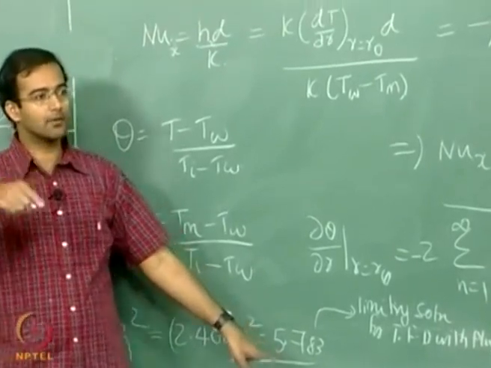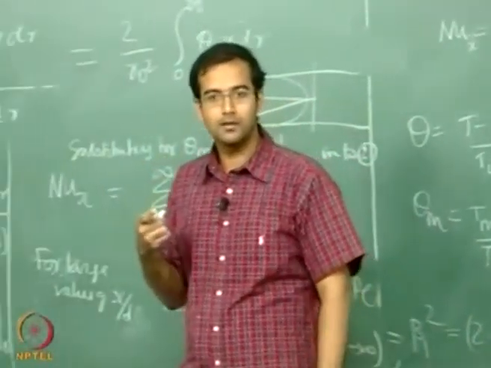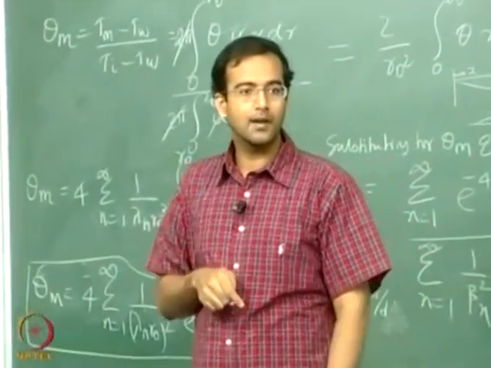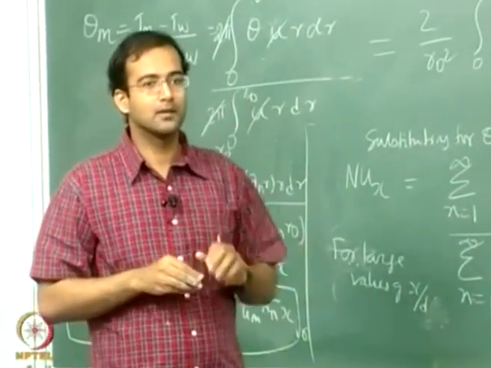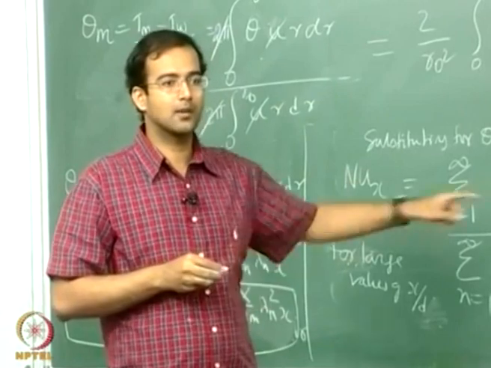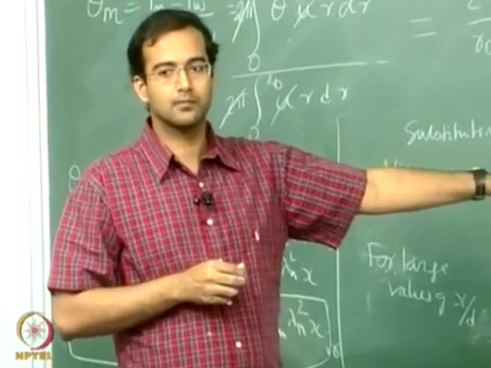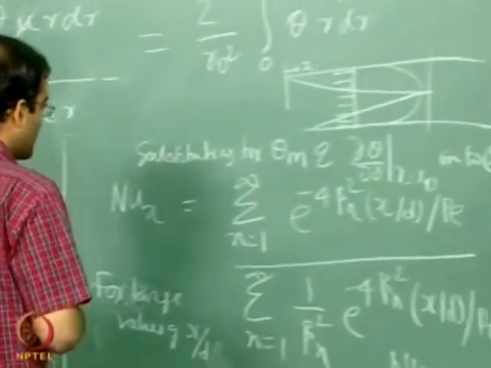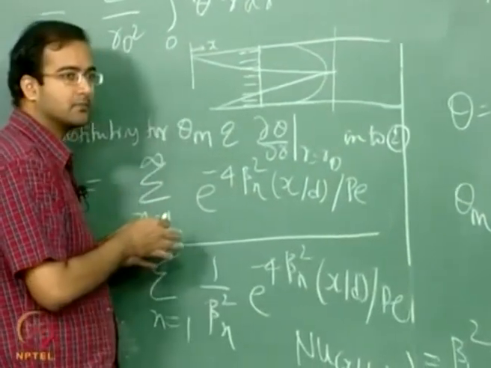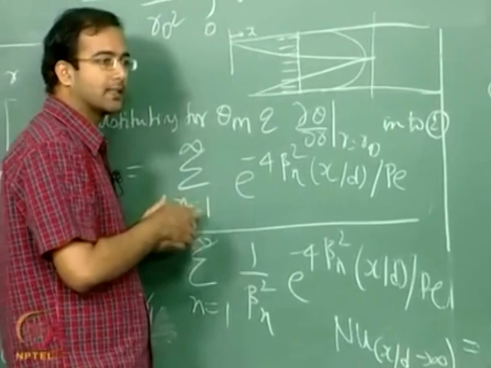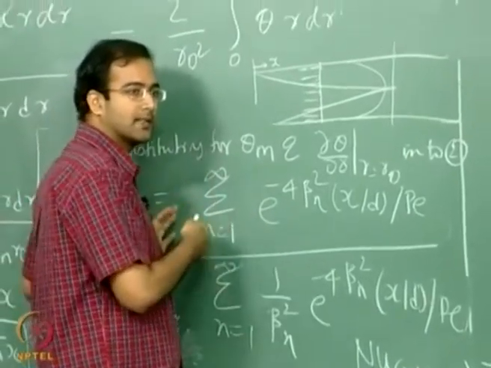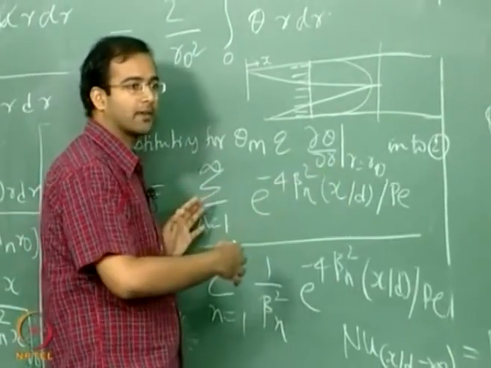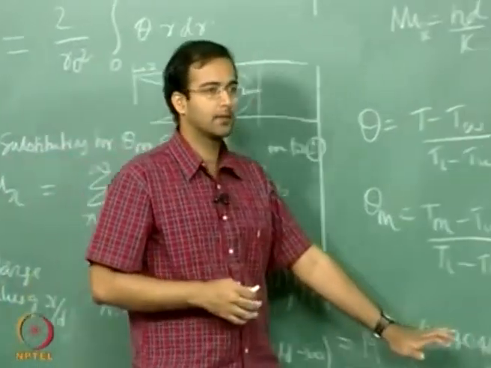The same thing, if I had asked you to do it for the thermally fully developed case with a plug flow instead of a parabolic profile, you would have reached the same value. So that you are reaching as an asymptotic limit to the thermally developing flow. Rather than doing the thermally fully developed flow, we could do this and then go for large values of x by d and directly get the limiting solution.